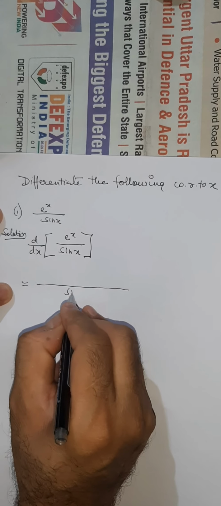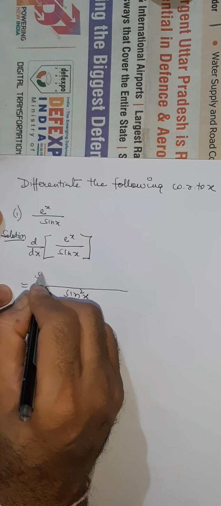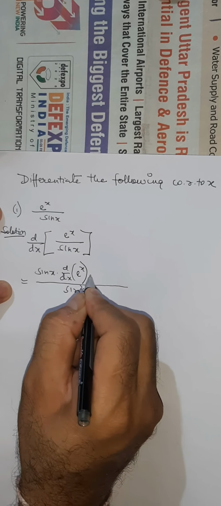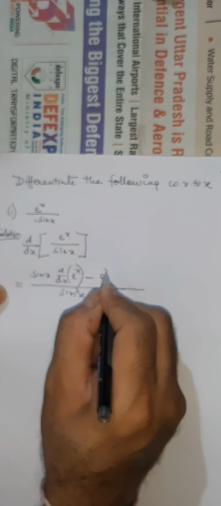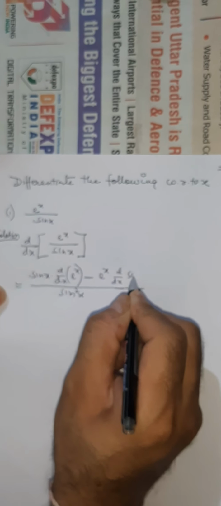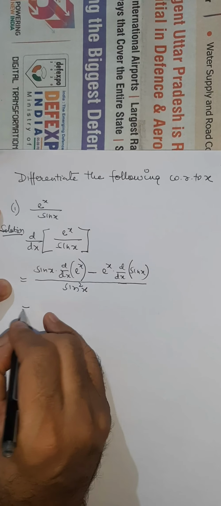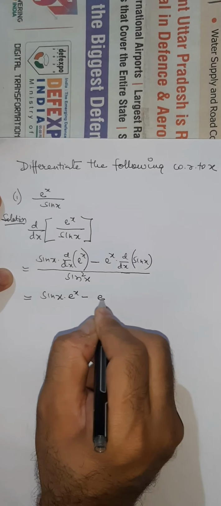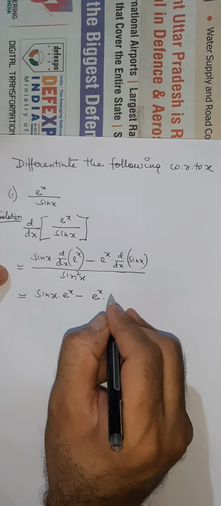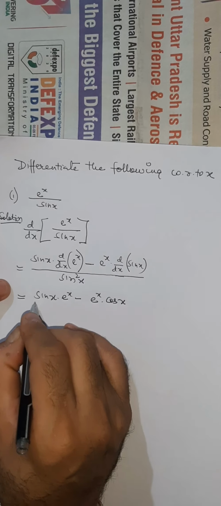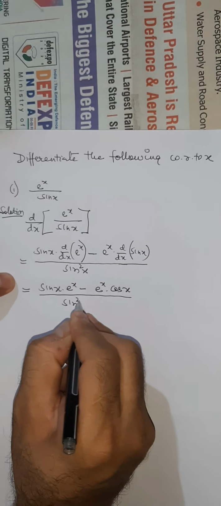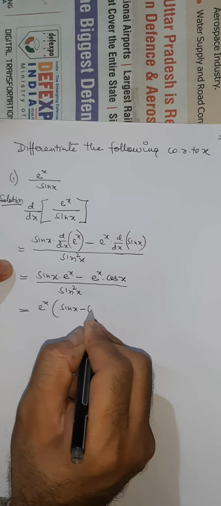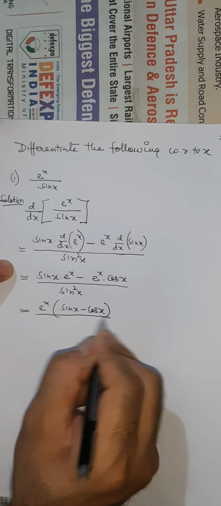So square the denominator function, sine square, sine x as it is, d by dx of e raised to x minus, interchange this to e raised to x as it is, d by dx of sine x. So sine x into e raised to x minus e raised to x into derivative of sine, which is cos x, you know, upon sine square. This is your answer. If you want, you can take e raised to x common. So sine x minus cos x upon sine square.